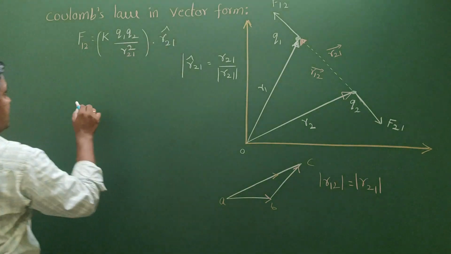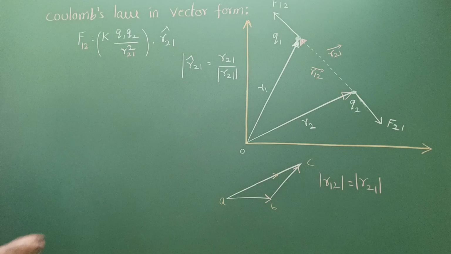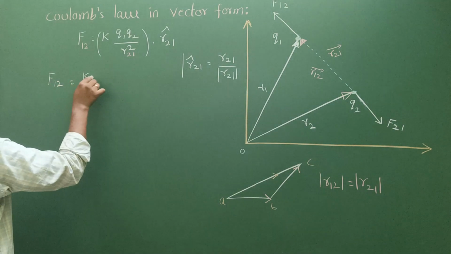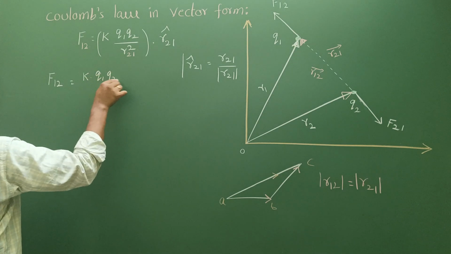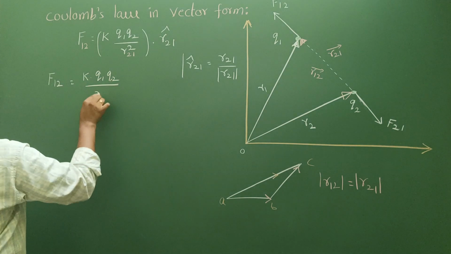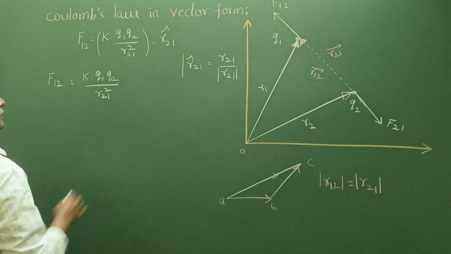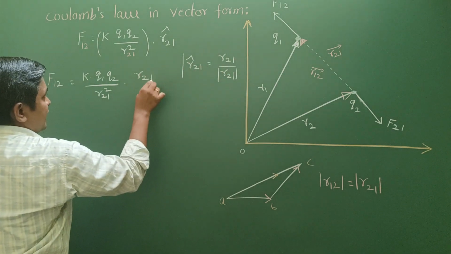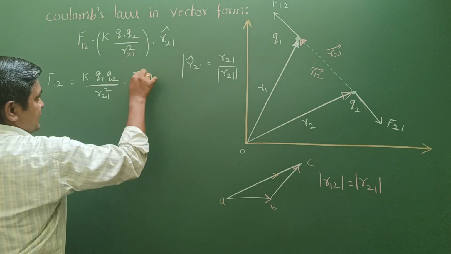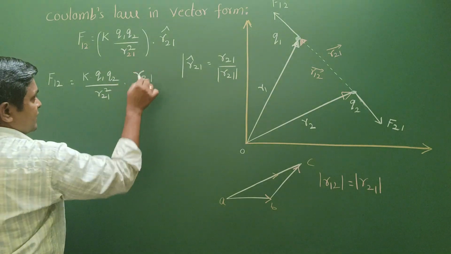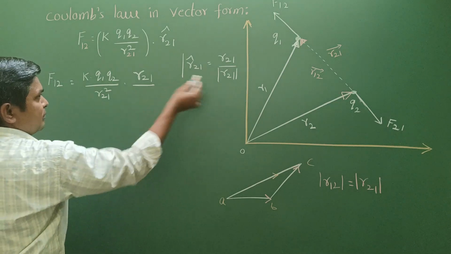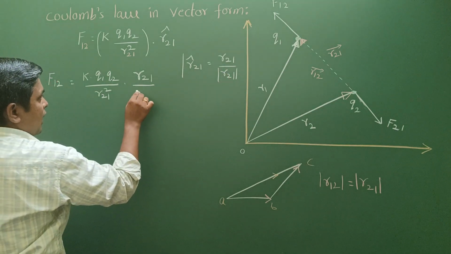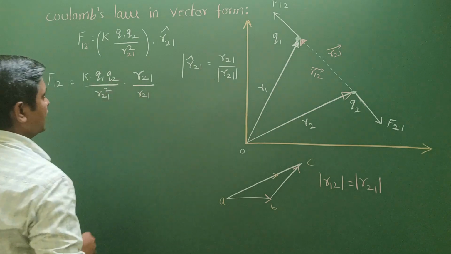If you write this in the very basic formula, what will you get? F12 equals K Q1 Q2 by R2 to 1 whole square into, in this form, R2 to 1 will be written with bold letters in the textbook. It is the vector divided by the magnitude, and this one is going to be the same only, right? So that is R2 1.